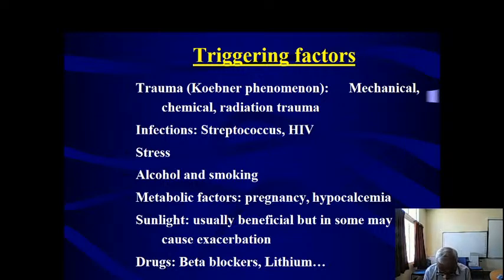Certain triggering factors are also noticed apart from the age group, what we say bimodal age. Certain triggering factors, especially trauma. Suppose the person is repeatedly getting trauma, you will get fresh lesions in those trauma areas. What we call the Koebner phenomenon, just like vitiligo, this is also associated with the isomorphic phenomenon. This trauma may be physical, chemical, or even radiation trauma.